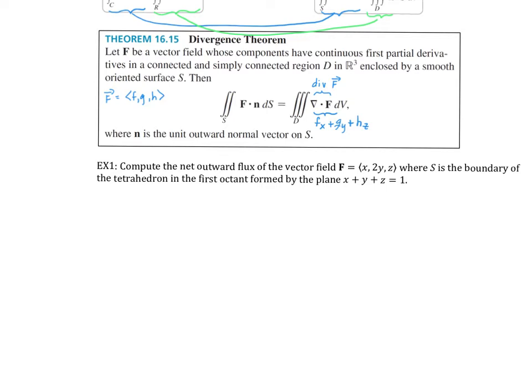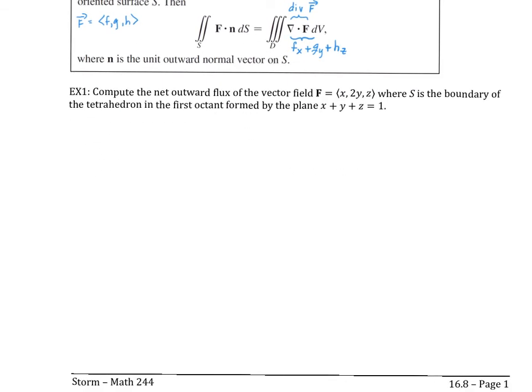Example 1: we want to compute the net outward flux of this vector field F, which is x, 2y, z. S is going to be the boundary of the tetrahedron in the first octant formed by the plane x plus y plus z equal to 1. First of all, if I'm going to use the del operator dotted with F, that triple integral form, the first thing I need to know is this divergence.